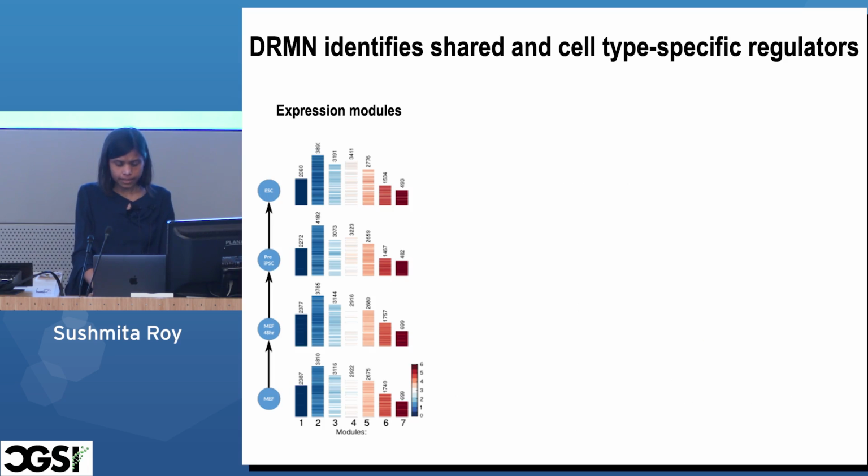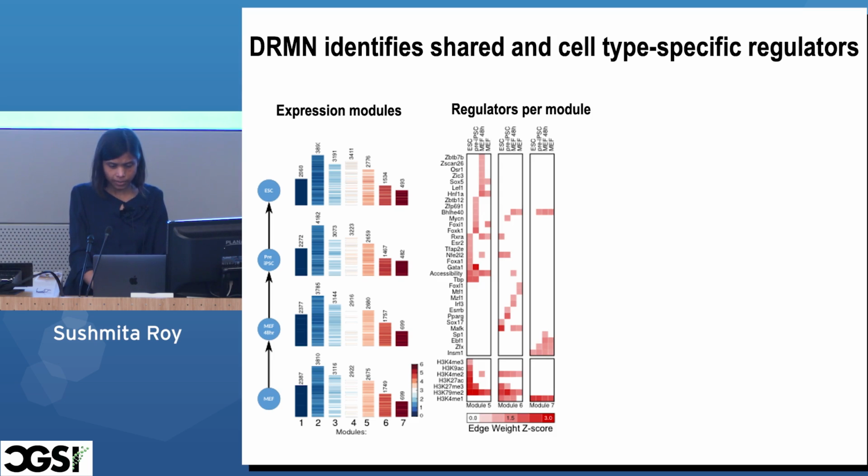So, as I said, DRMN enables us to group genes into different gene expression states. There were 7 states, with red representing high expression and blue representing low expression. And then these are different regulators that we predict. We have histone modifications as well as transcription factors.